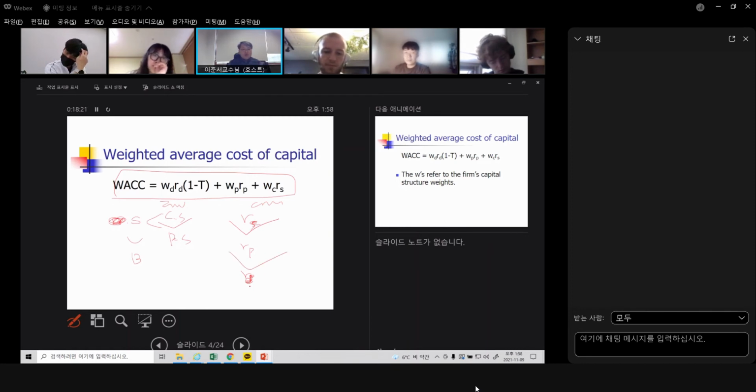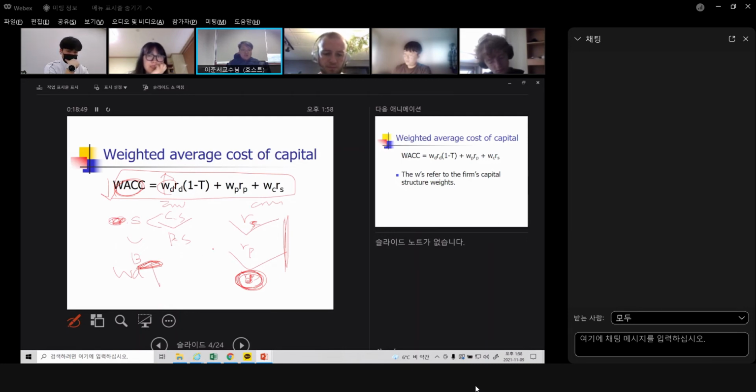So if WD increases, then the cost of debt is the cheapest compared to other sources, right? So if WD is increased, then WACC is decreased, right? But it's not necessarily.